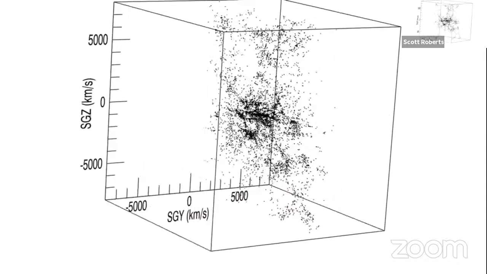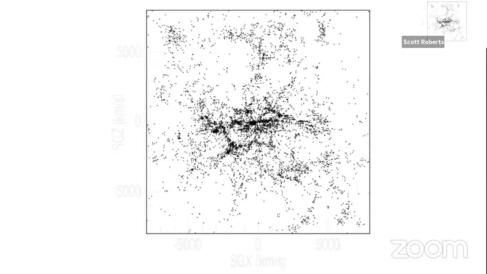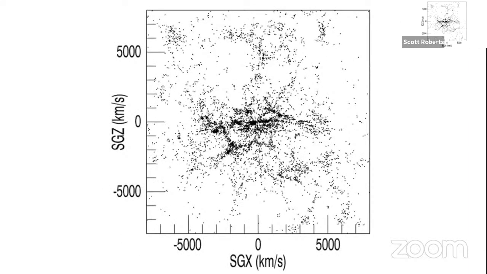Another 90-degree rotation and a 2000 km per second thick slice gives us an edge-on view of major components of the Centaurus-Hydra-Virgo supercluster complex.